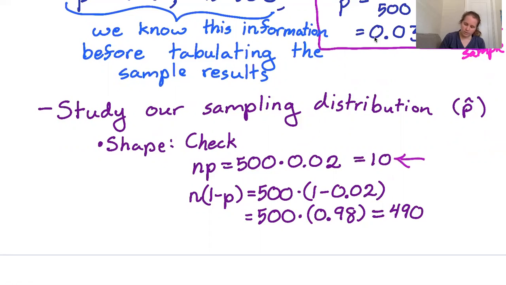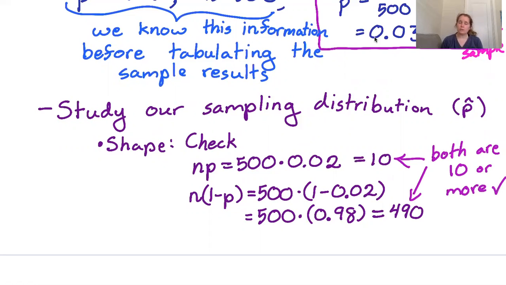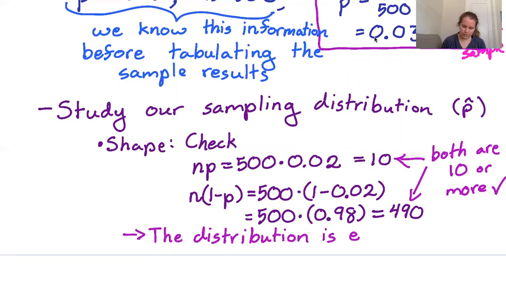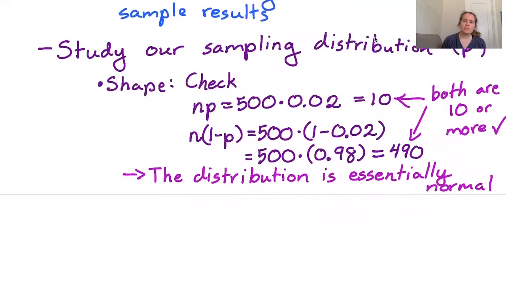Both of these are 10 or more, so we meet our requirements. So our sampling distribution is essentially normal. There's our shape.